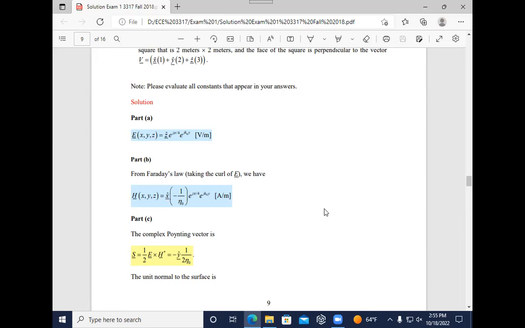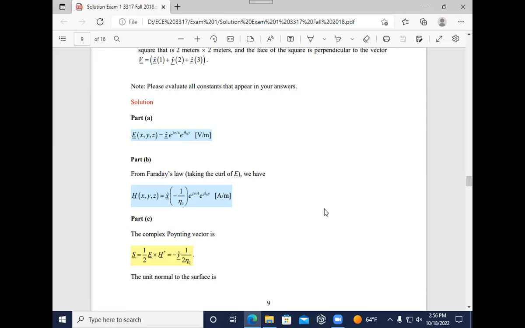We get a constant e to the j pi over 4. And then we take the derivative with respect to y, we'll pull down a factor of j k0, and then e to the j k0 y. Now let's see if we simplify a little bit.